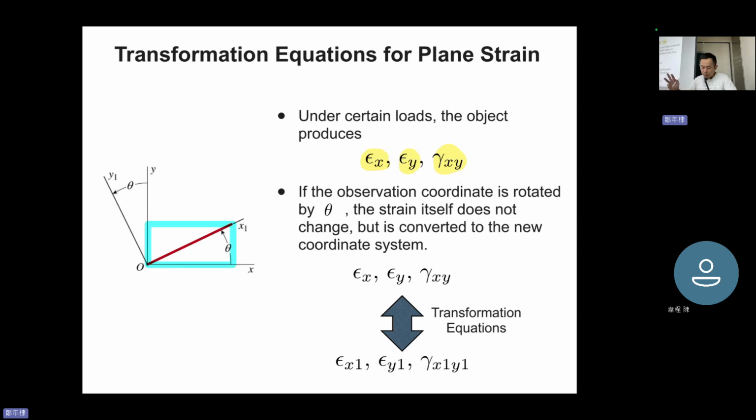You have these three values, and what will the epsilon x1 be? We are going to see the red line before and after deformation. After the deformation, how long it increased in x1 direction due to these three contributions. So that's what we're going to do.